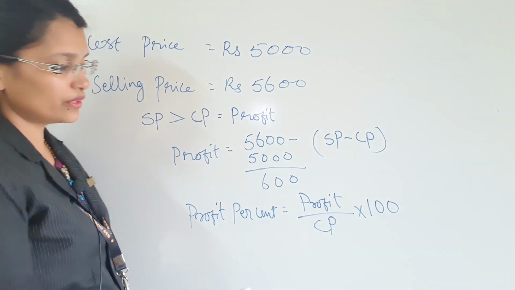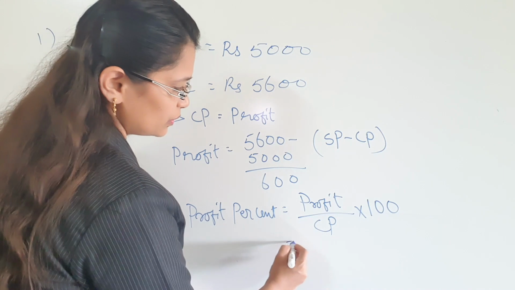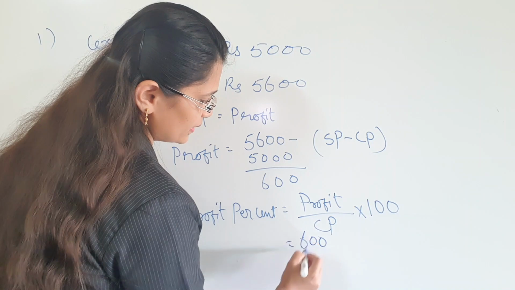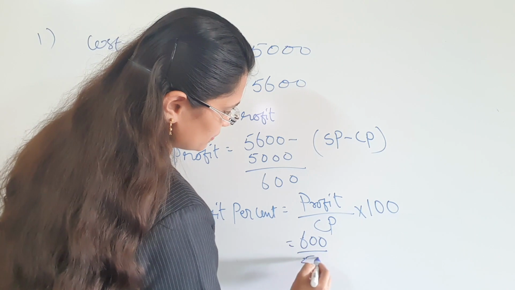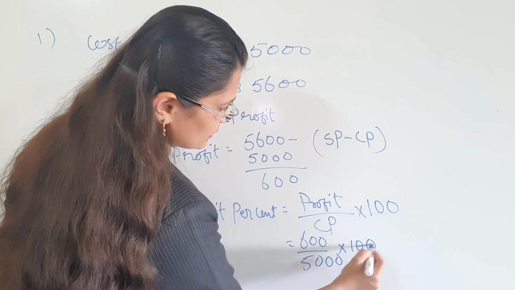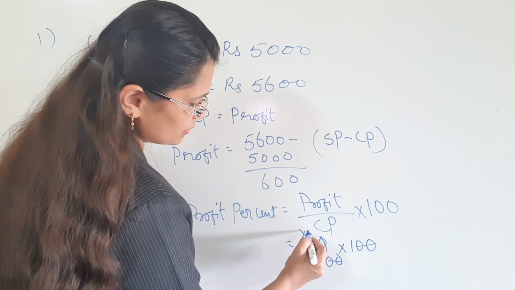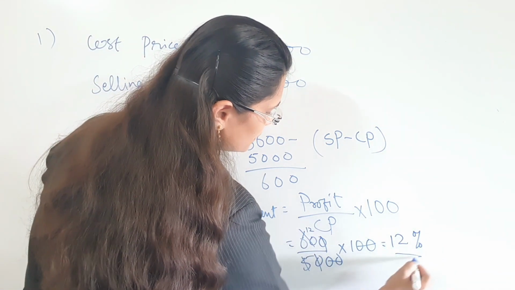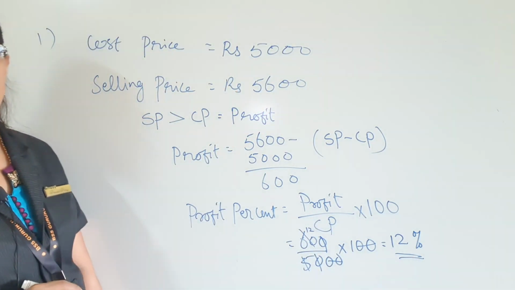This is important, so you have to learn this formula. So is equal to, what is profit here? 600 divided by, what is CP? Cost price equal to 5,000 into 100. Then cancel. How many times 5 goes in 60? 12 times. So is equal to 12%. So profit percent is equal to 12%.